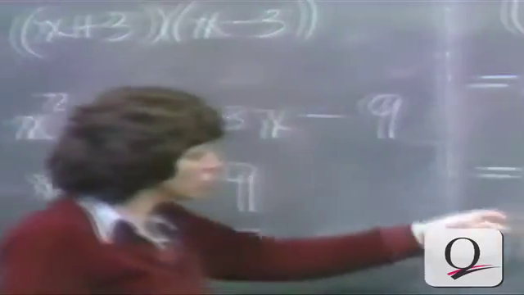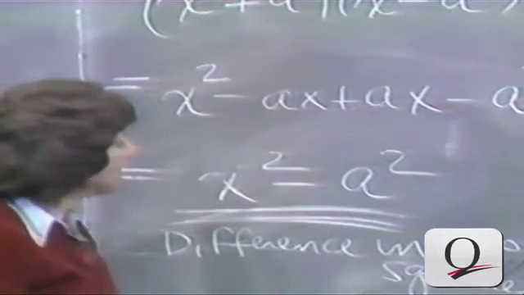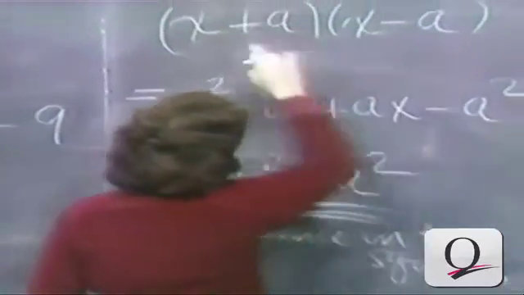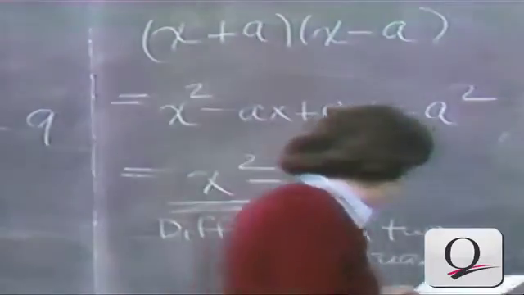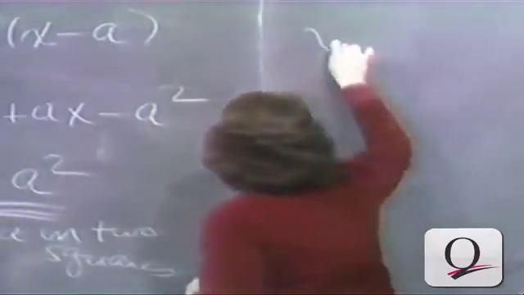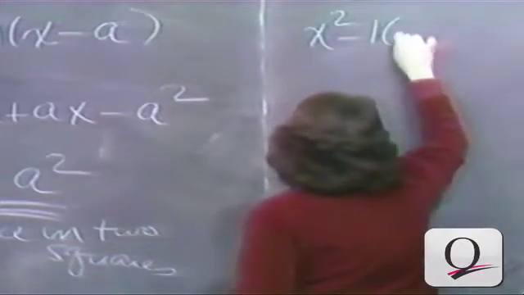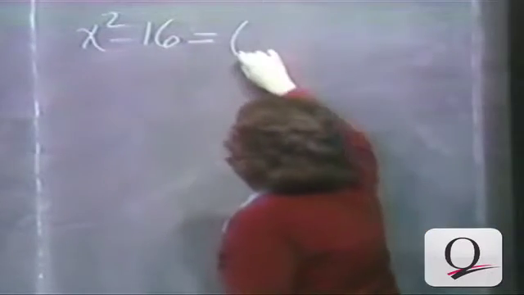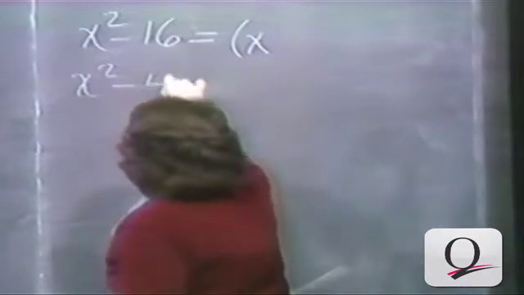Or in general, if you have x squared minus a squared, the difference of two squares like that, it must factor into the sum of the numbers times the difference, x plus a times x minus a. For example, if I asked you to factor x squared minus 16, this is really x squared minus 4 squared.